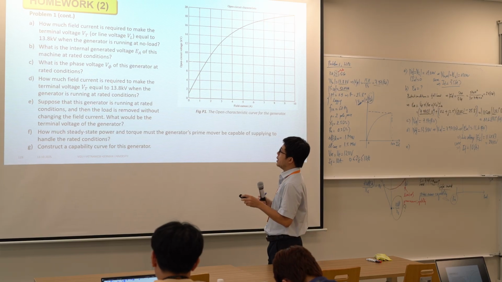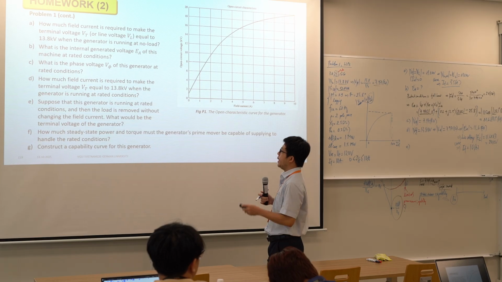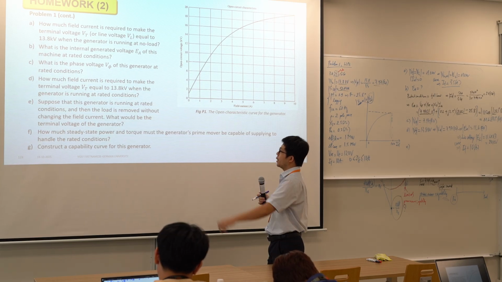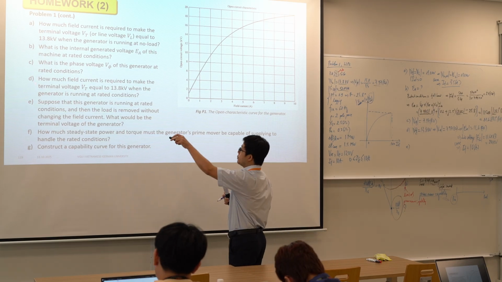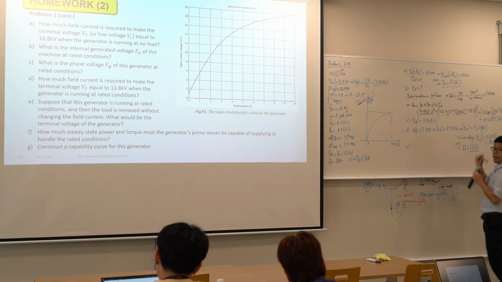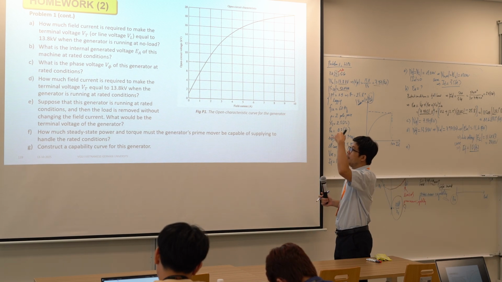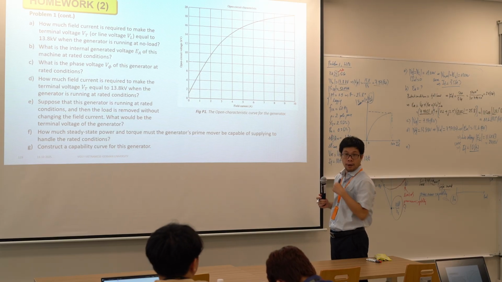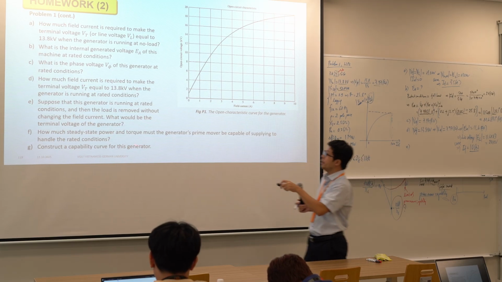Now question E. Suppose that this generator is running at the rated condition. Then the load is removed without changing the field current. From question D, now I have 10 amperes. For question E, we suddenly remove the load.